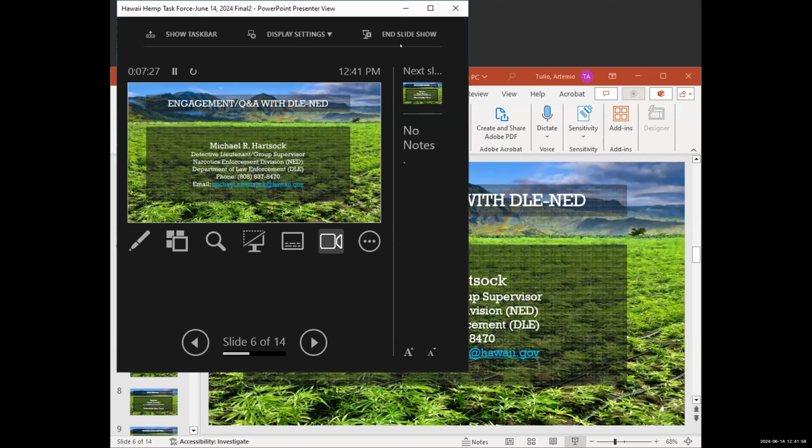And just kind of what is the NED's position on that, because it is from a completely federally legal hemp crop, and it is just part of the logical progression of processing that crop.